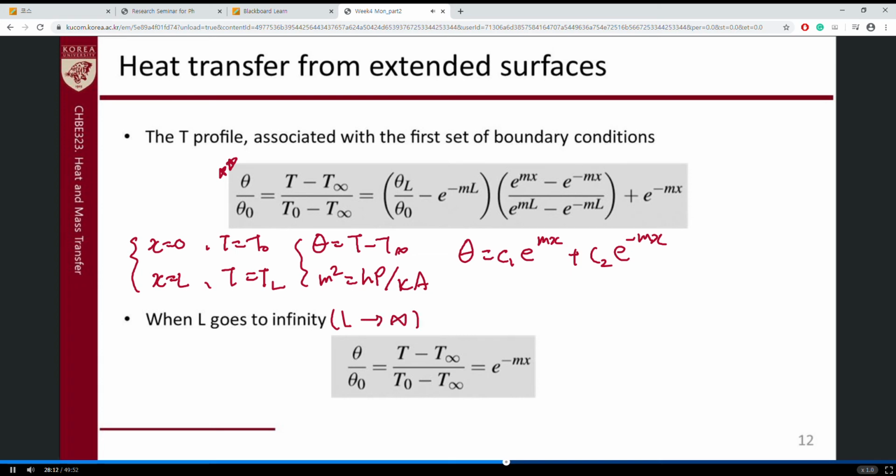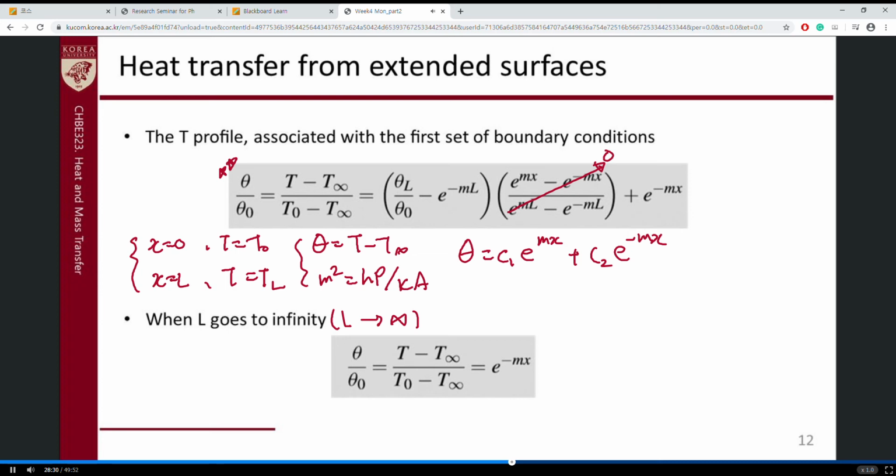infinity. So when L goes to infinity, in this part, this partial goes to 0. So these guys go to 0.